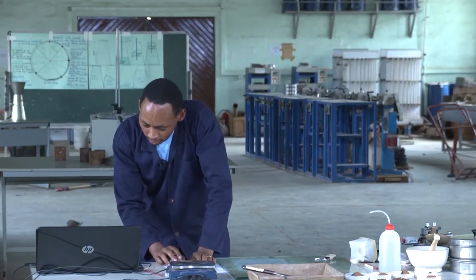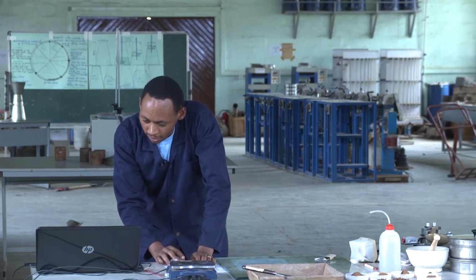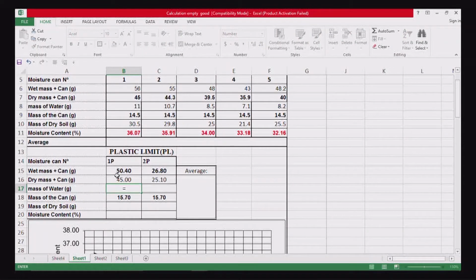Now we are going to calculate the same for plastic limit, where the mass of water equals mass of wet soil with can minus mass of the can. Then mass of dry soil equals dry mass with the can minus the can.